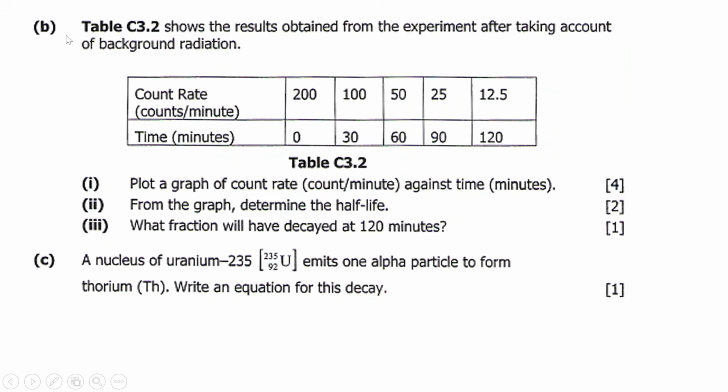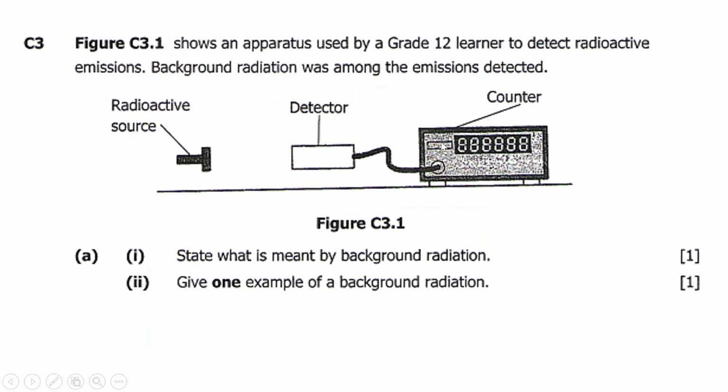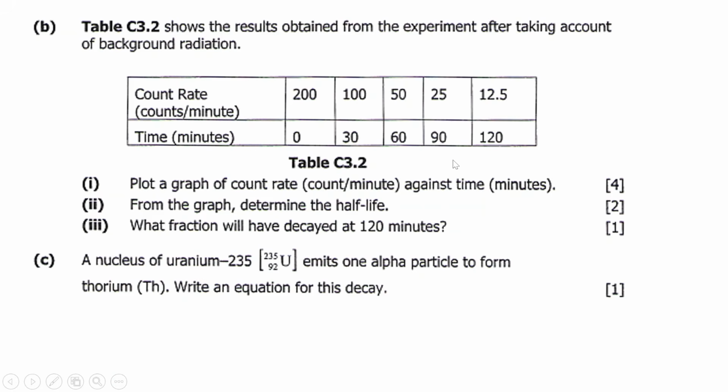Then B says table C3.2 shows the results obtained from the experiment after taking account of background radiation. So in that experiment, whatever was counted by the counter here was recorded in this table.